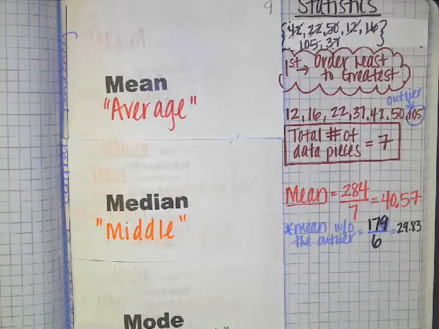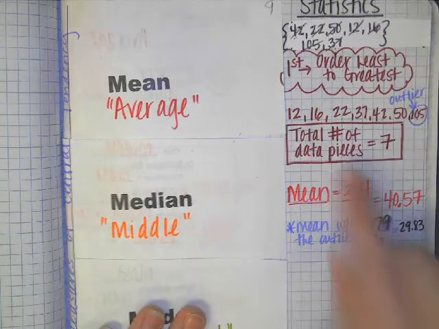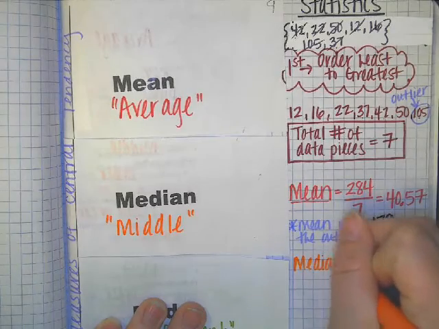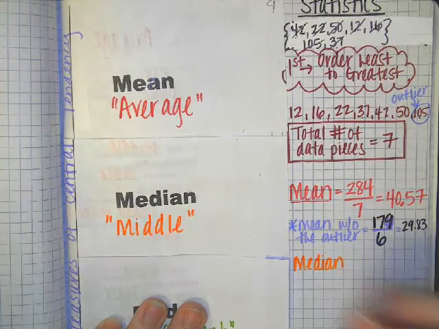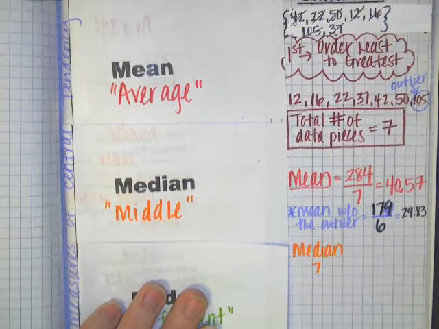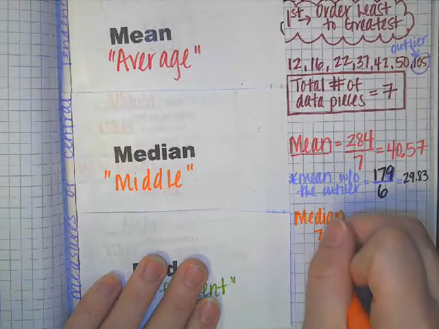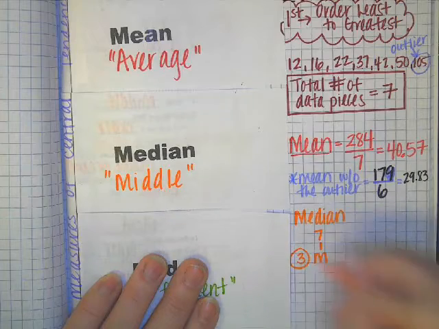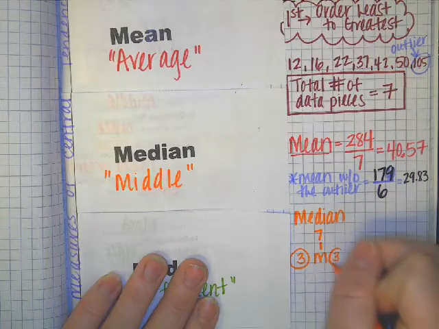Now let's try finding the median. I believe that knowing the number of pieces of data is extremely important with the median because I can divide that number to see where I should find the middle. If I have 7 pieces of data, I know that in order to find the middle, there's going to be 3 numbers to the left and 3 numbers to the right.